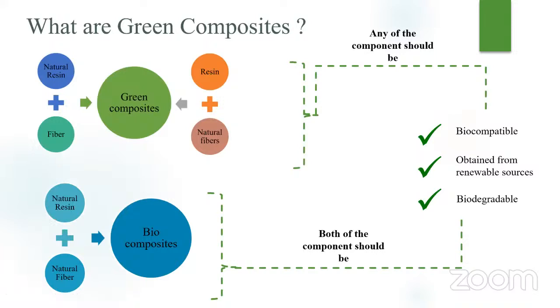Now there are also other composites which we call green composites. These green composites are nothing but a matrix along with reinforcement, and these can be natural. When natural resin and natural fiber are used, the composite we get we call a green composite.